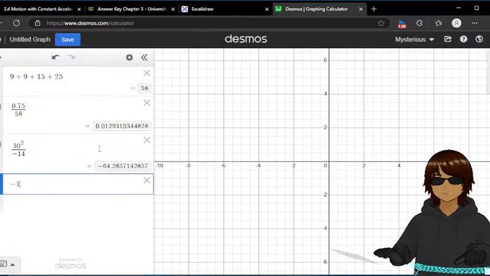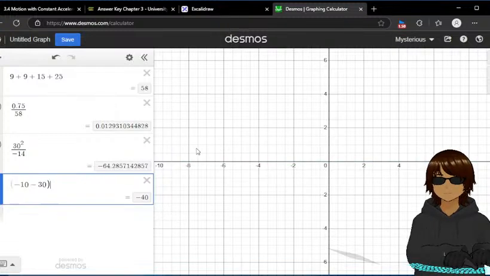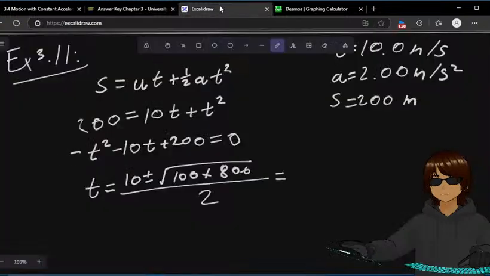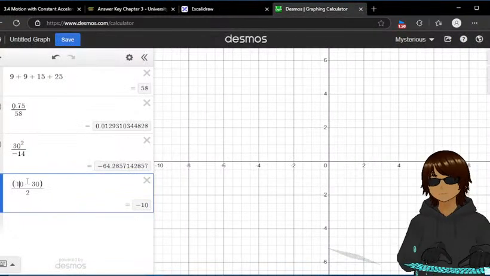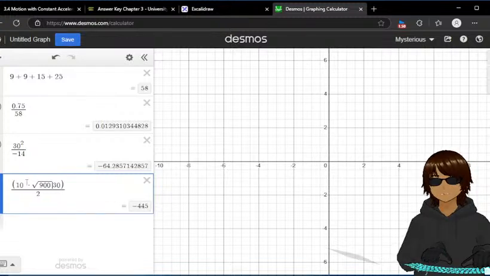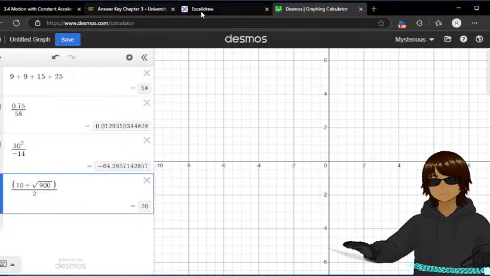So minus 10 plus or minus 30, over 2. So we have 20 and negative 40.